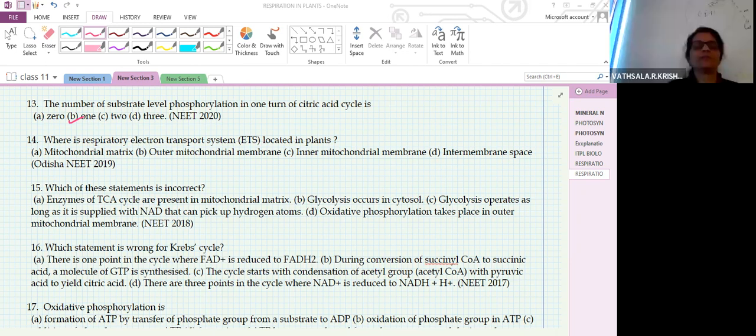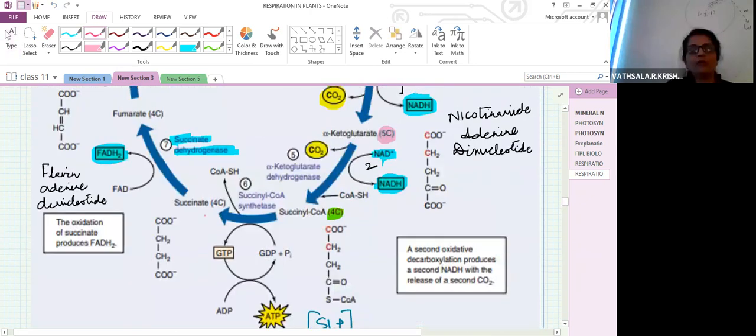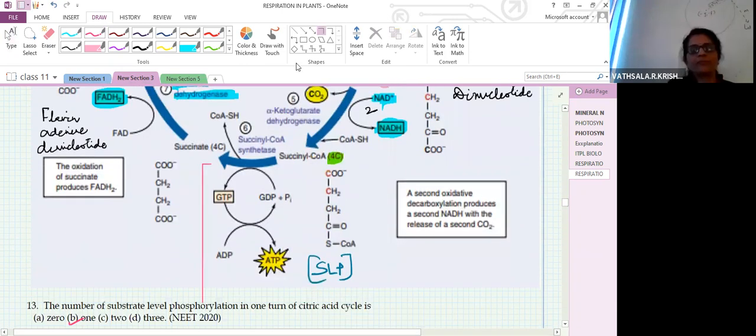Before becoming succinic acid, it has coenzyme A. Succinyl-CoA to succinic acid, then GTP is synthesized, which is phosphorylation. Look here, this is a substrate level phosphorylation. I have written it here also. Formation of ATP is a substrate level phosphorylation. Only one happens here.